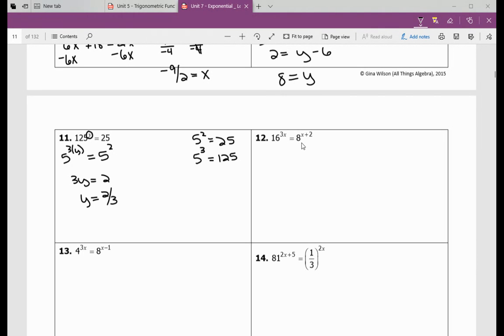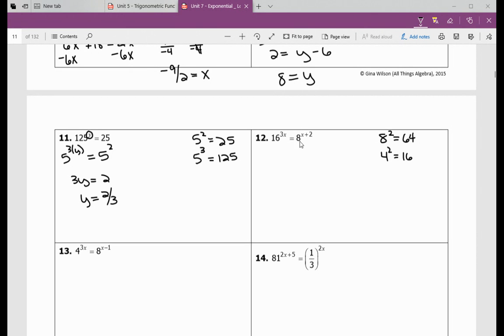Now, number 12, 8 squared is not 16. And a lot of people like to say that 16 is the same as 8 squared. It's not, okay? Now, even 4 squared gives me 16. But what 4 to what power would give you 8? Okay, so I have to go smaller than that.